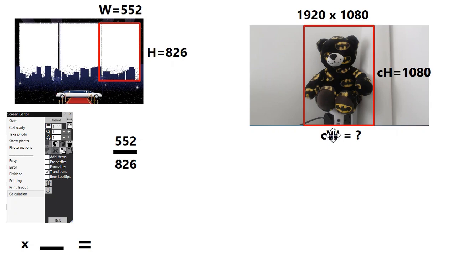Now we don't know the width yet, that's here. We do know the height that we want, which is 1080. So we know that CW divided by 1080 is equal to 552 divided by 826. So that's our equation, and it's very easy now to work out CW. And the way to do that is to move 1080 up the top there. So let's just make some space.